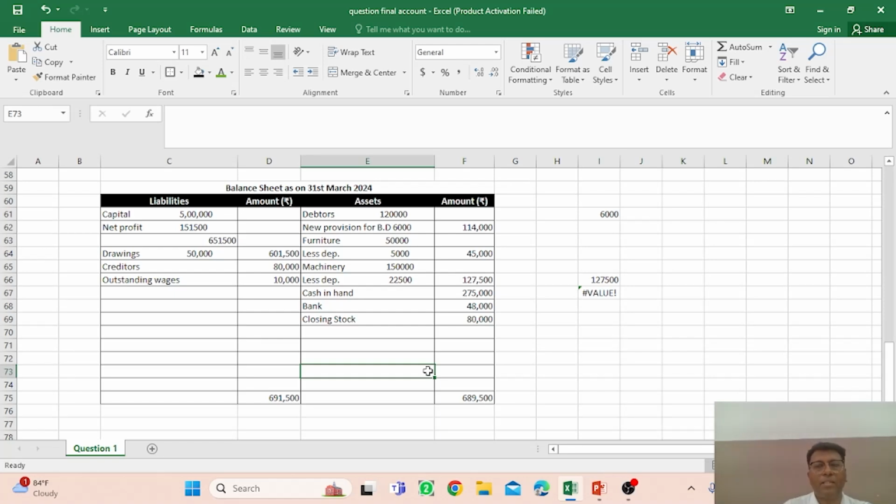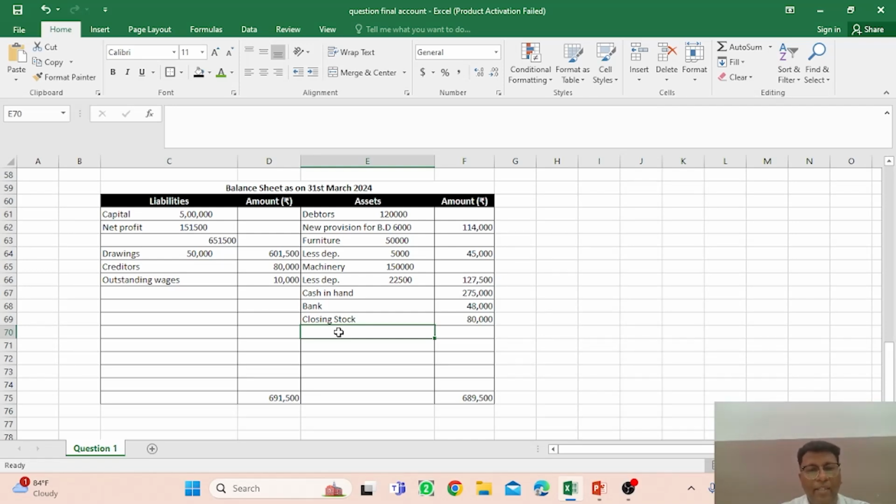So basically this happens because we are getting the values, so we have to calculate again because something was left. What happened is that prepaid insurance, I just showed you what the mistake was, because you have to match the balance sheet.